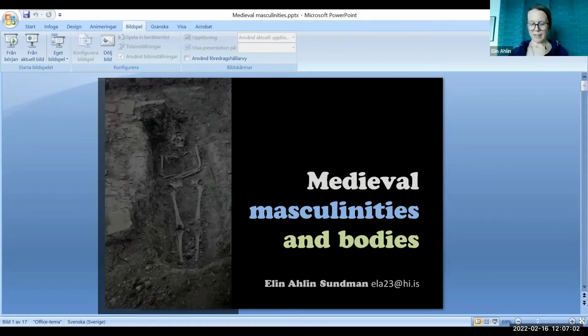It would be attractive to behave in ways that show that you possess these qualities, attractive not just for the elite, but for other men as well. One opposition that is often stressed when studying medieval masculinities is the opposition between clerical masculinity and the masculinity of the laity.